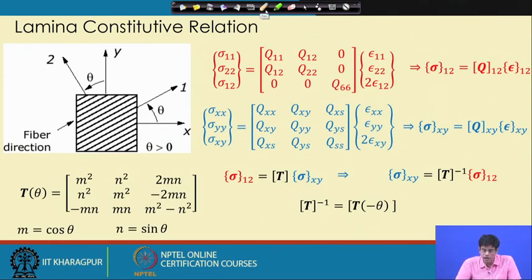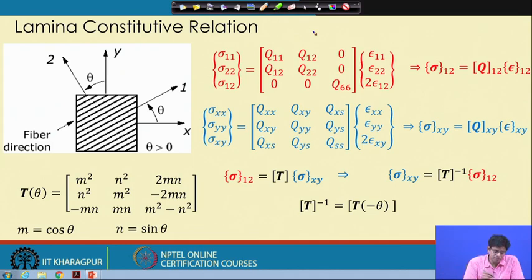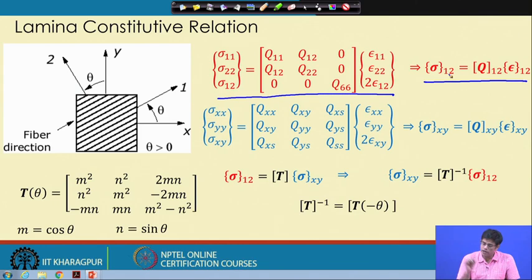So essentially this is the lamina constitutive equation, which is this. This is the short form where I am in the 1 2 axis, writing the lamina constitutive equation. Now similarly in the xy, our objective is to find out these constitutive matrix, how it will look.